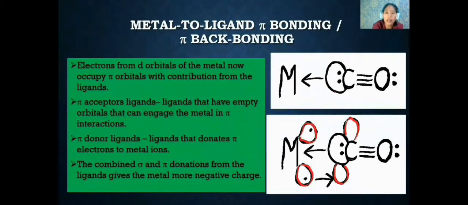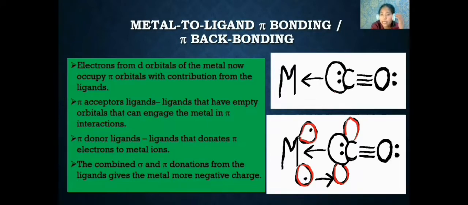So we have here metal to ligand bonding, sometimes called back bonding. Okay, so what does this mean? Electrons come from the orbitals of the metal, now occupying the pi orbitals with contributions from the ligands.